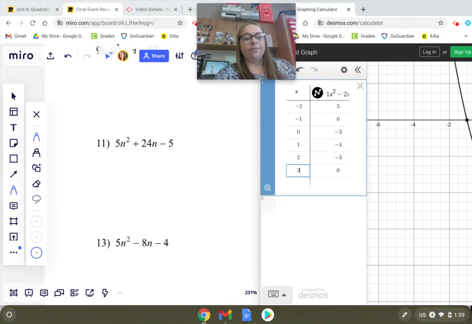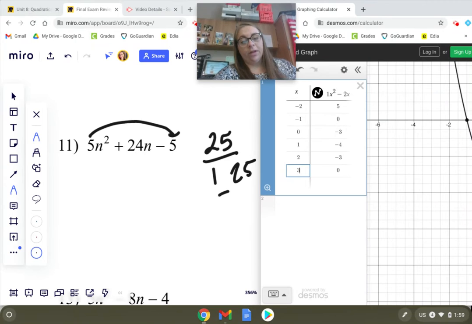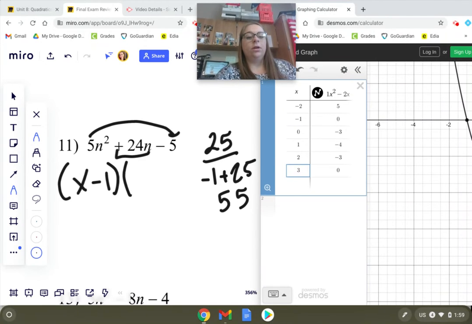So now on to 11. 11 is where we use that slide formula. So 5 times 5, slide it over, gets us 25. Factors of 25, I got 1 and 25, and I got 5 and 5. We want to get 24. So -1 plus 25, so (x - 1)(x + 25).